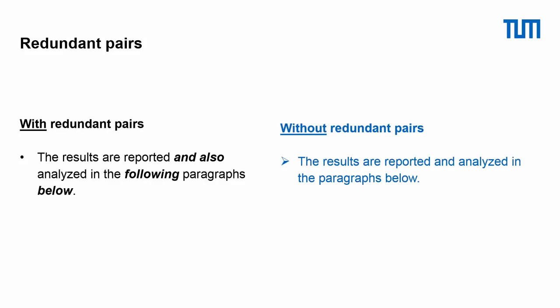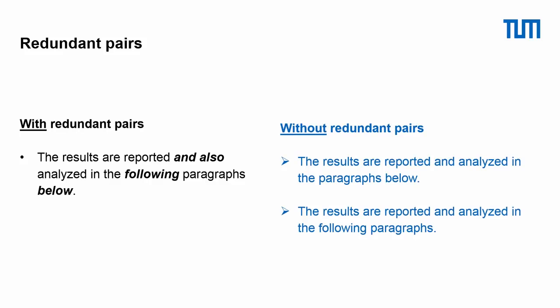Because both of those words are performing exactly the same job in the sentence, we only need one of them. So if we eliminate both redundant pairs from our sentence, we can have either "the results are reported and analysed in the paragraphs below," or "the results are reported and analysed in the following paragraphs." So keep your eye out for redundant pairs in your own writing and eliminate them where necessary.